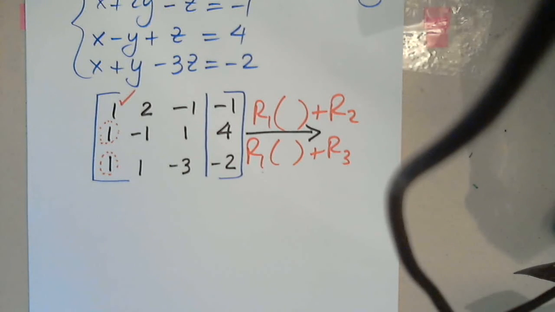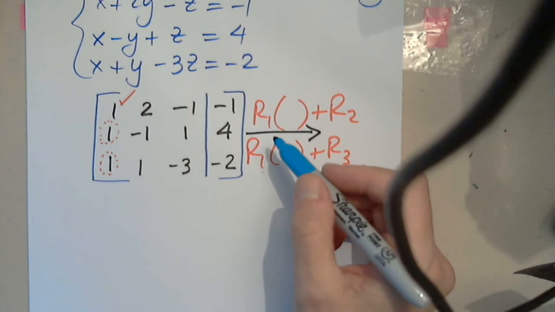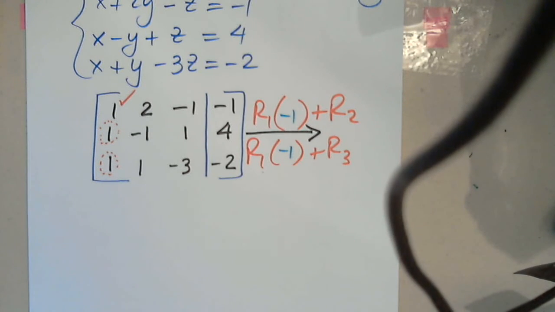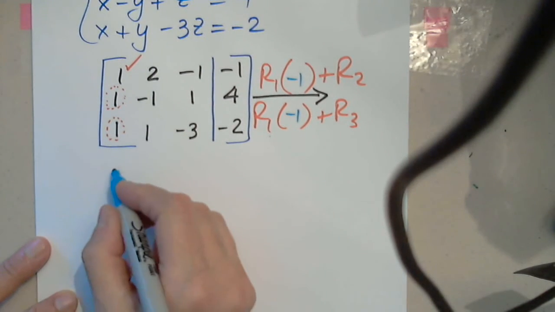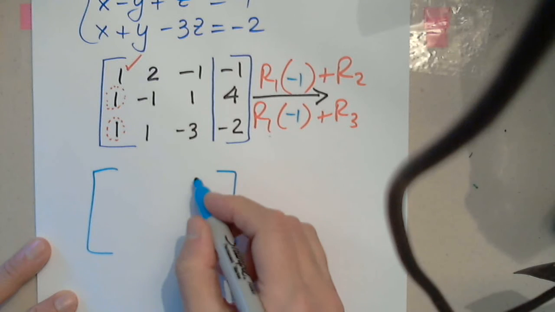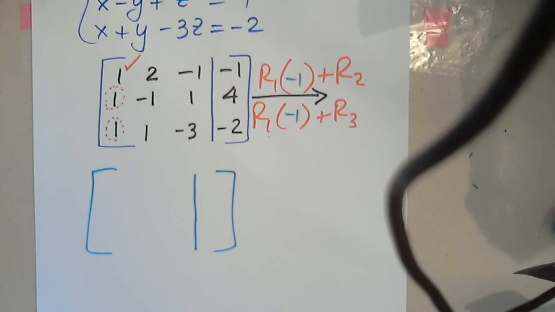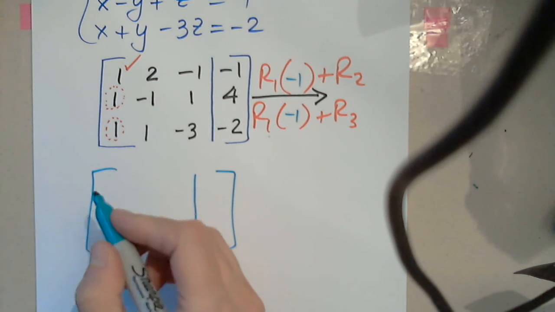In both cases, we multiply by negative 1. Everyone with me? Is this okay? Yes. Okay, so which row do I have to copy, because it will not change right now? First row. Yes, of course, that's the one I'm using.